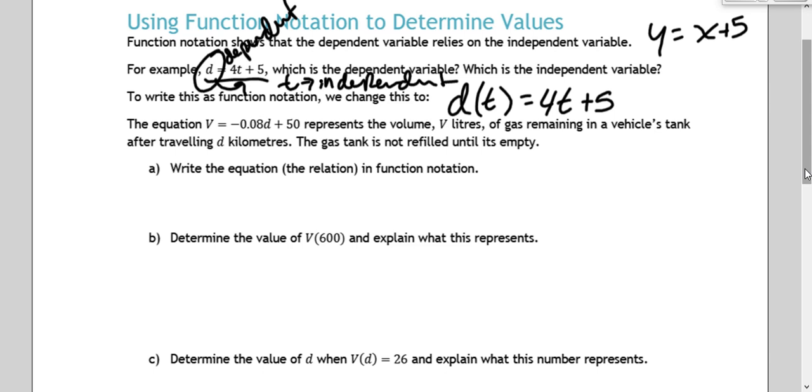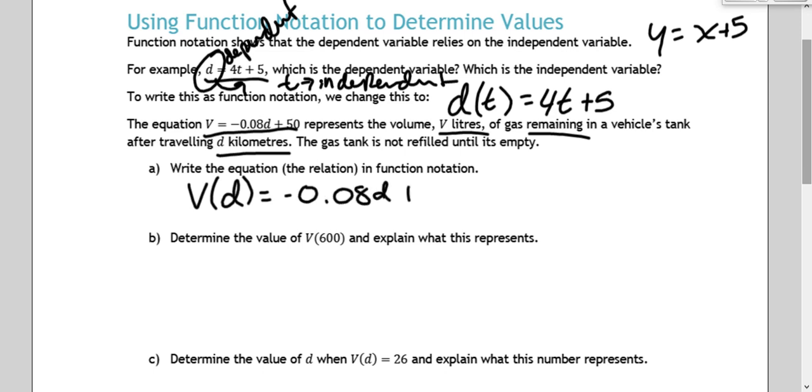The equation V is equal to negative 0.8d plus 50 represents the volume, V liters, of gas remaining in a vehicle's tank after traveling d kilometers. The tank is not refilled until it is empty. The function notation is V of d is equal to negative 0.08d plus 50.